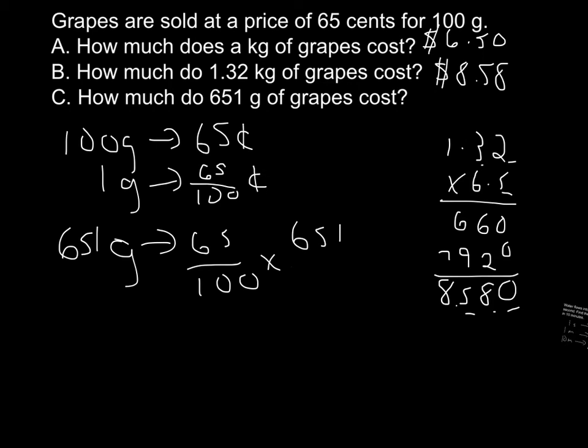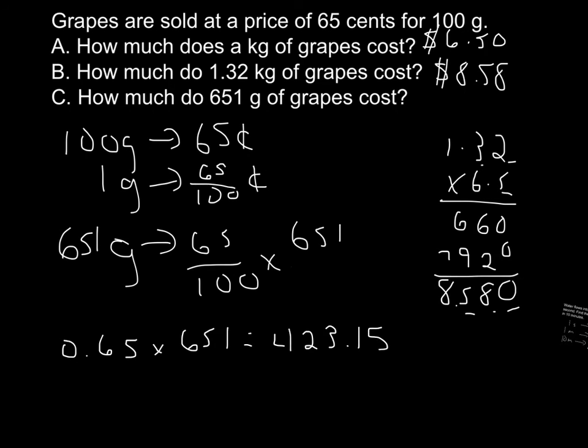You can do that on a calculator. Of course, to put in 65 hundredths, we would actually put in the calculator 0.65. That's 65 hundredths. That's how much 1 gram costs, is 0.65 or 65 hundredths of a cent. And we do that times 651. And what we end up getting is 423.15.